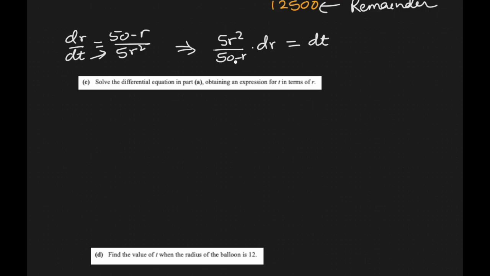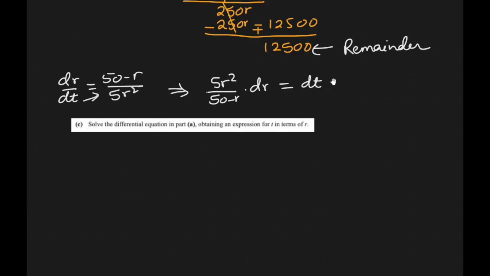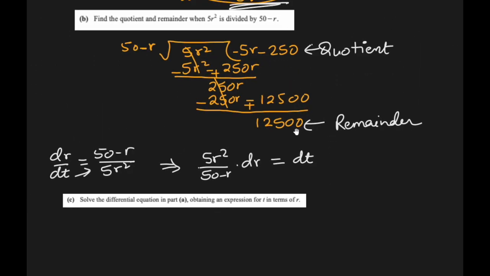But 5r square divided by 50 minus r, we already got this quotient and remainder.